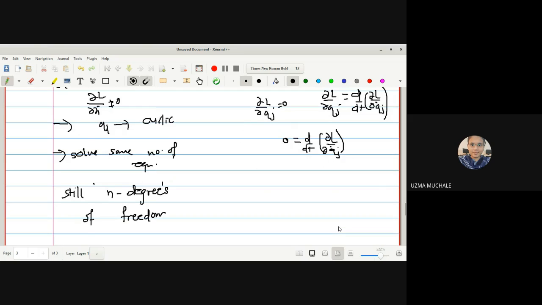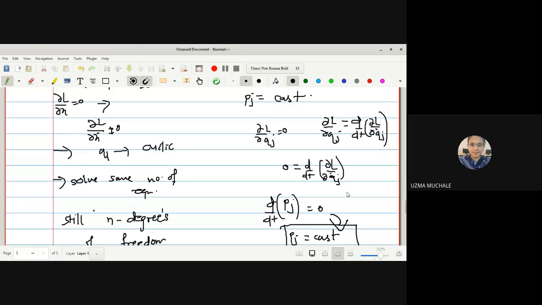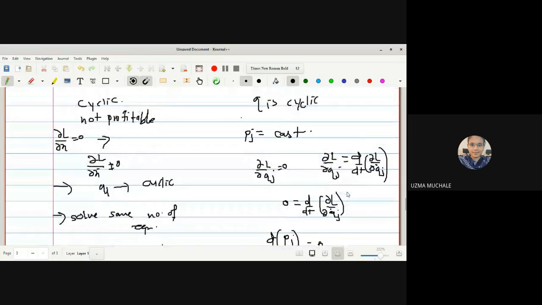But we know that ∂L/∂qj dot is pj. So the derivative of pj with respect to t is 0, which implies pj is constant. Integrating this equation, we get pj equal to constant. Is it okay? So if qj is cyclic, pj is just a constant number.